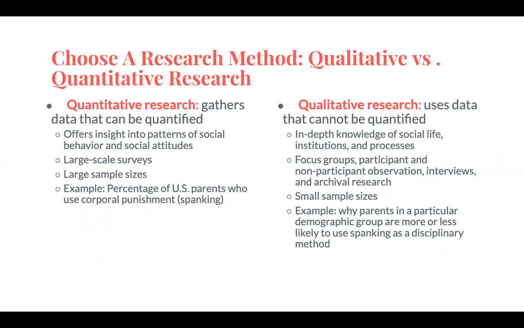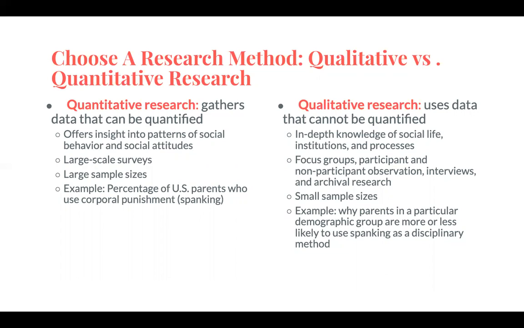While qualitative research collects textual data that cannot be quantified. Although we do use computer programs to code that data, we do not run statistical analyses on qualitative data. This type of research provides in-depth knowledge of social life, processes, and institutions, as opposed to those large-scale sample surveys with large sample sizes.